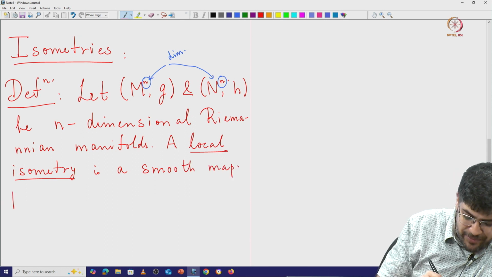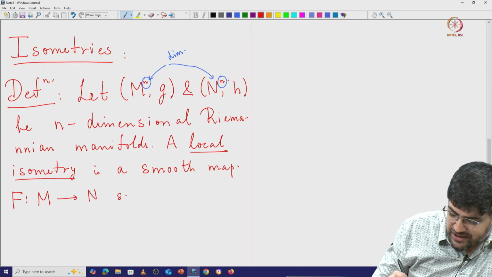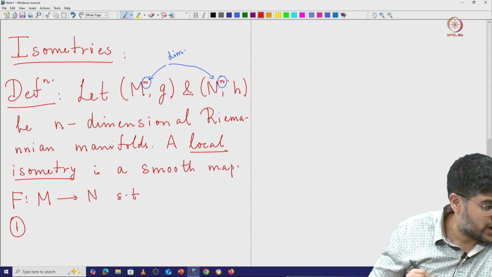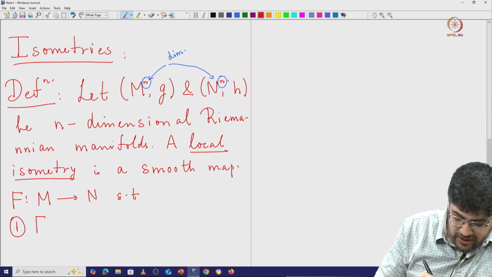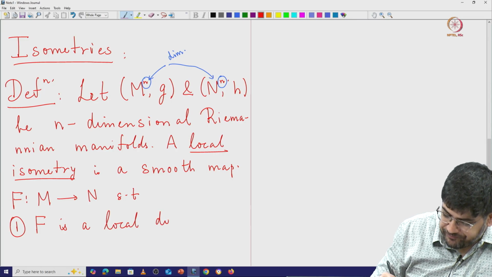is a smooth map F from M to N such that 1, F is a local diffeomorphism.